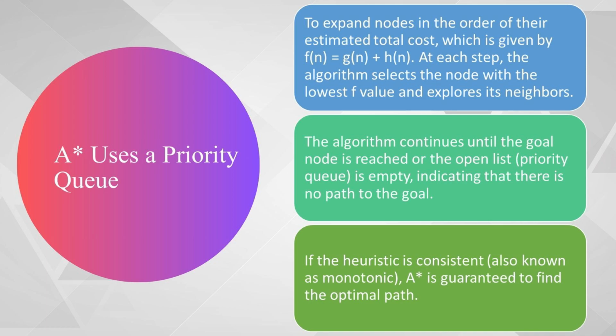The algorithm continues until the goal node is reached or the open list, that means priority queue, is empty, indicating that there is no path to the goal. If the heuristic is consistent, also known as monotonic, A star is guaranteed to find the optimal path.